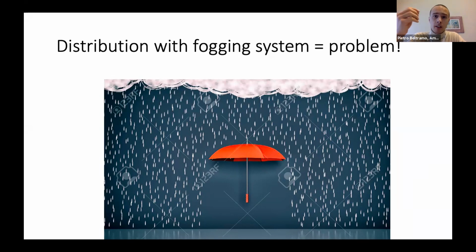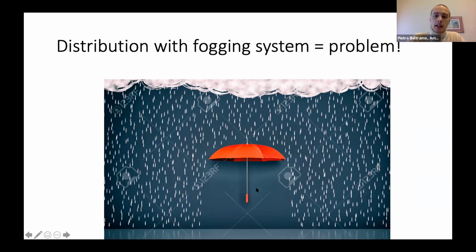Rain droplets are big, it's not 5 microns. But anyway, it's pretty easy to understand that whenever you have a direction of droplets and you find an obstacle, there will be no way to avoid a shadow effect on the other side.